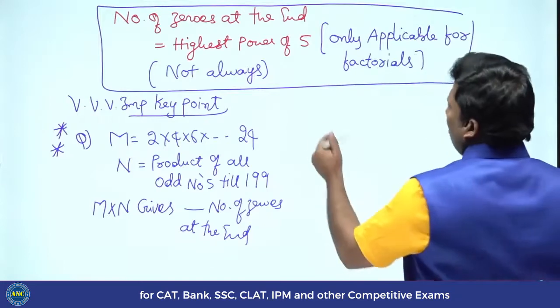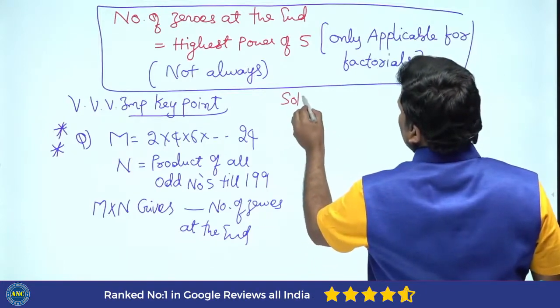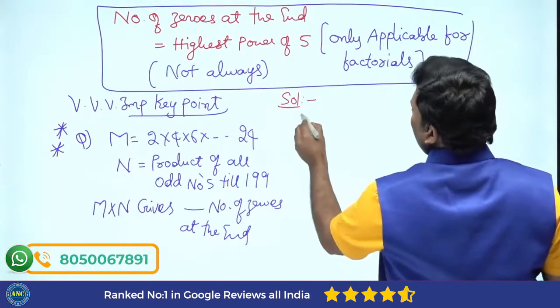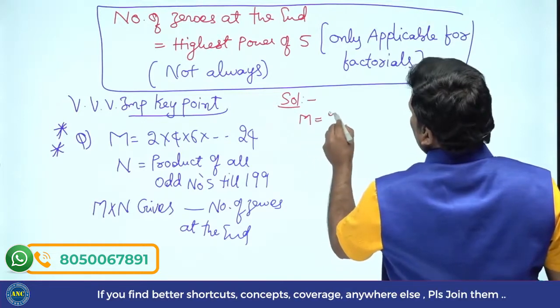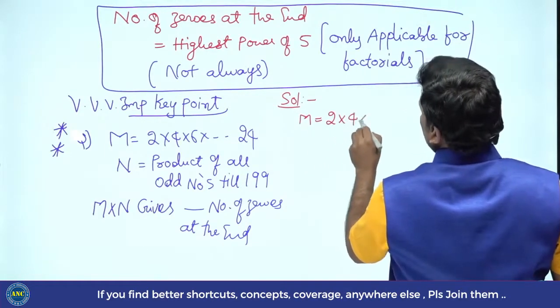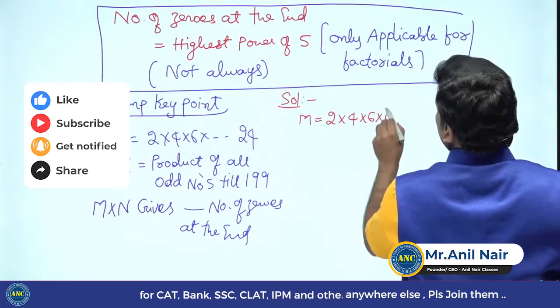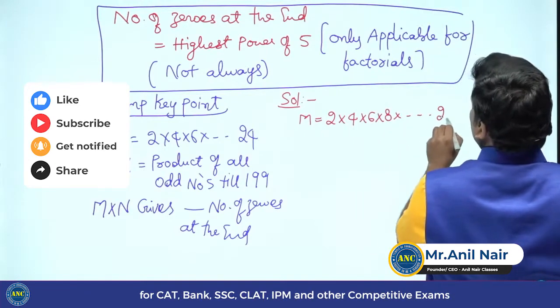Listen carefully to this solution. M is 2 into 4 into 6 into 8 and so on up to 24.